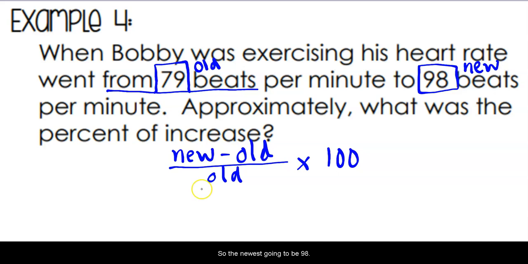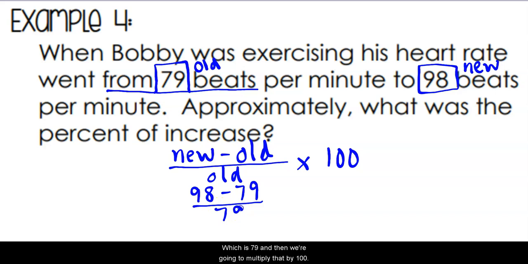So the new is going to be 98. I'm going to subtract my 79. I'm going to divide that by the old, because you're looking for the increase from the original heart rate before he exercised, which is 79. And then we're going to multiply that by 100 to get our percent increase.